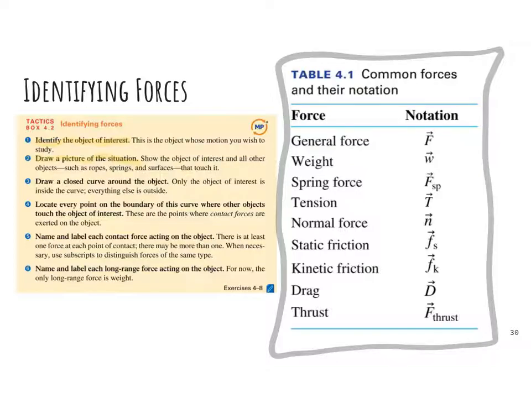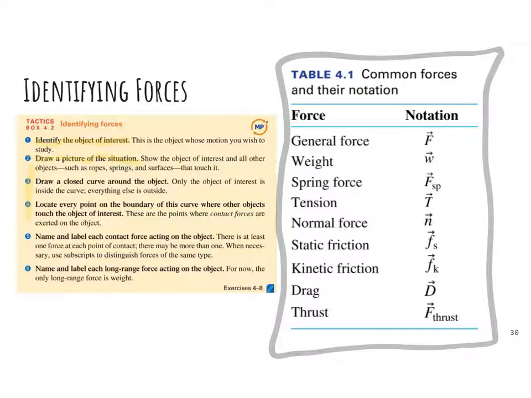Steps 3 and 4 are about isolating what we're talking about. So we draw a closed curve around the object, because the only thing we really care about is what is happening to the object. We don't care about everything else going on around it. We call that identifying the system, and the system is what we're isolating to talk about.